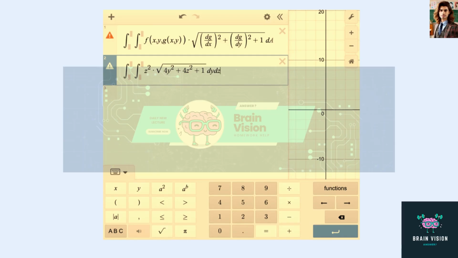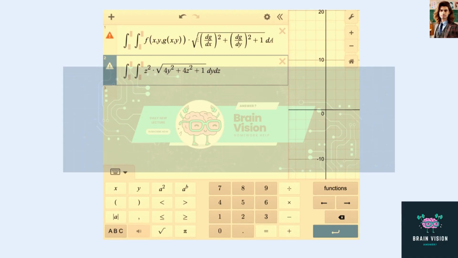Then we know that the region inside the circle y squared plus z squared is less than or equal to 1, which makes it easier to use polar coordinates. We're just going to essentially treat y as if it's x and z as if it's y.